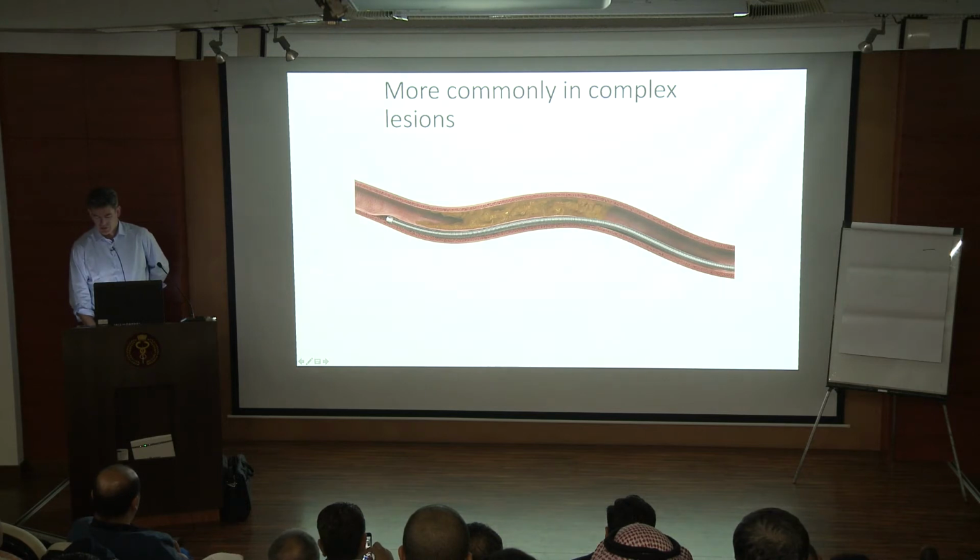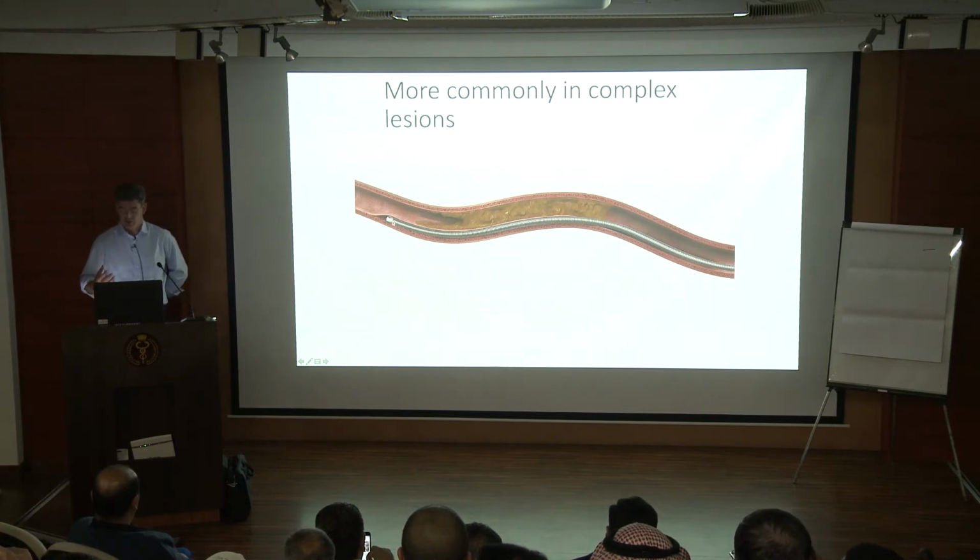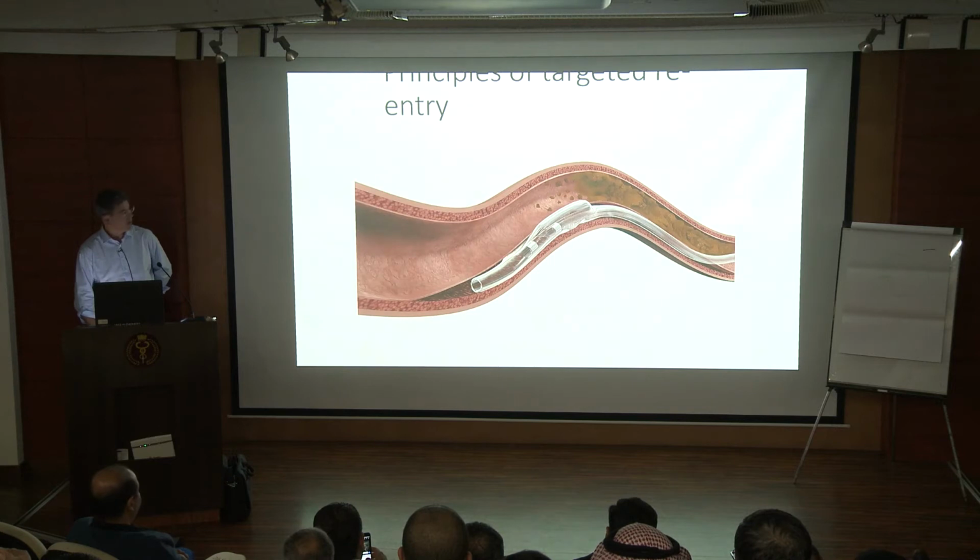And as we've learned, once you're in the subintimal space, when you're adjacent to a good target, which you're identifying retrogradely, then you can re-enter that space using the other tool, which is the Stingray. And so you're able to position the Stingray balloon.